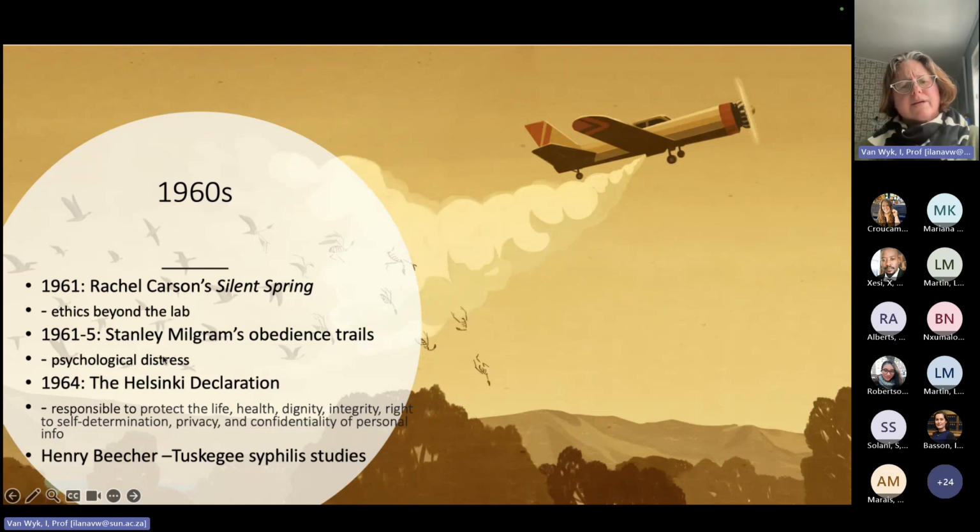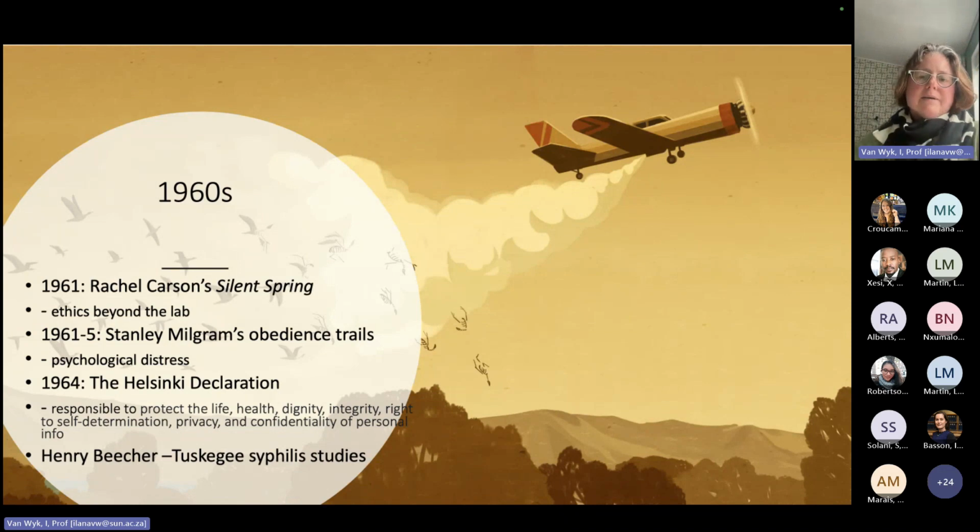In 1964, then, after all of these trials and research was done, the Helsinki Declaration was promulgated, and in it, many scientists across the world signed a declaration in which they agreed on a few basic things that all ethical codes or guidelines should include.